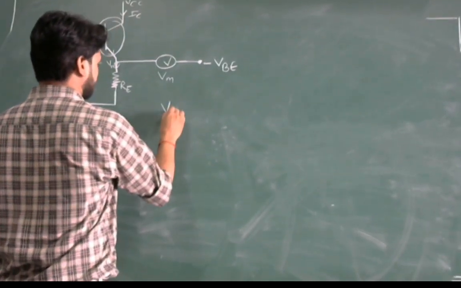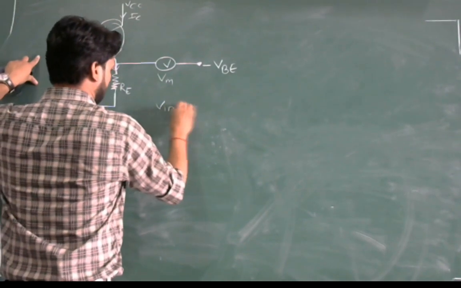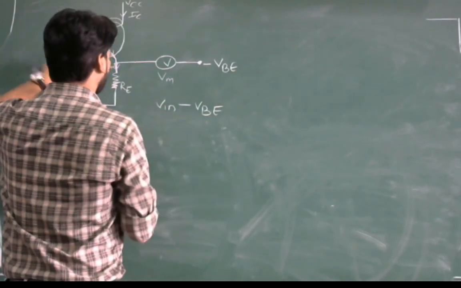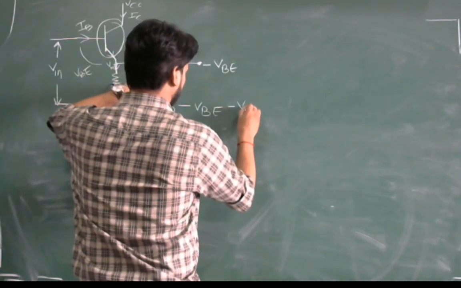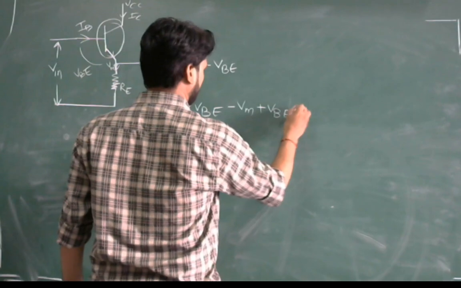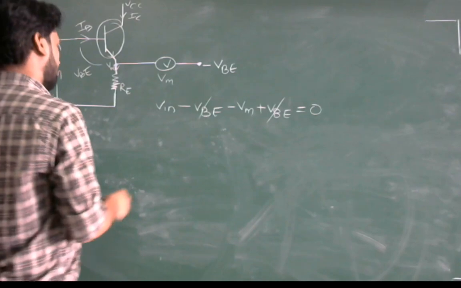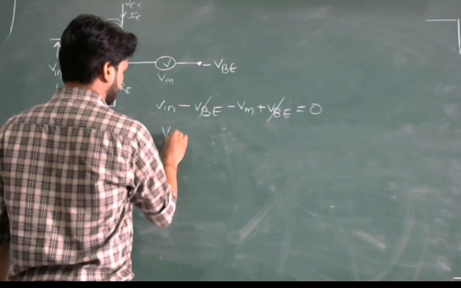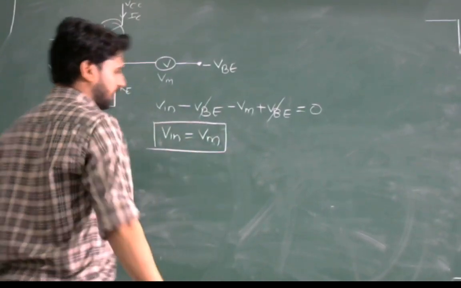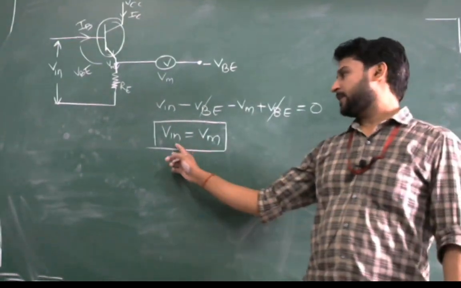I will write this relation as V in minus VBE minus VM plus VBE is equal to 0. This will cancel out and I will write this relation as V in is equal to VM. If the V in is equal to VM, I will get a linear relation in the input and output voltage.